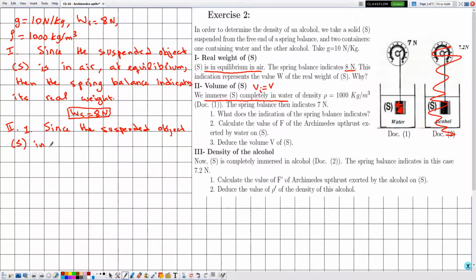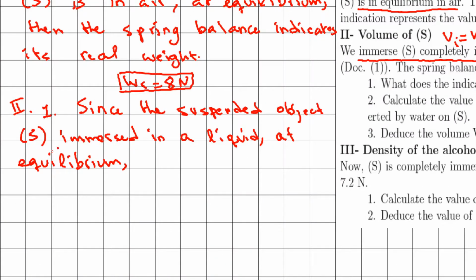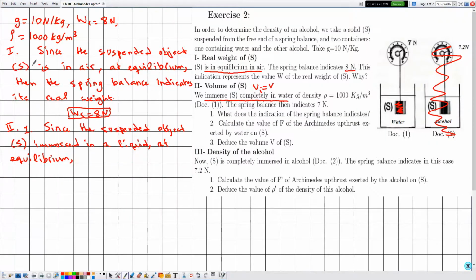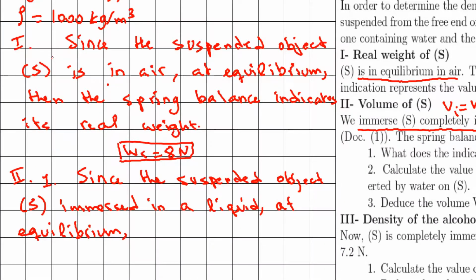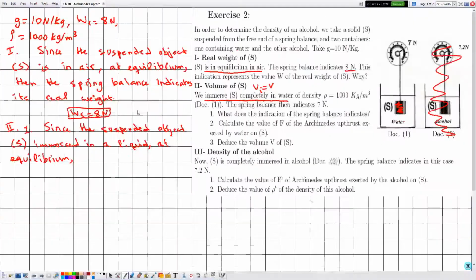So let's say it's immersed in a liquid and at equilibrium. Here it's important that we mention immersed in a liquid and at equilibrium. The same for part 1, it's important to mention that the solid S is in air and at equilibrium.